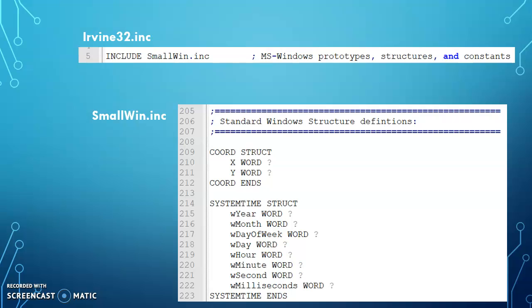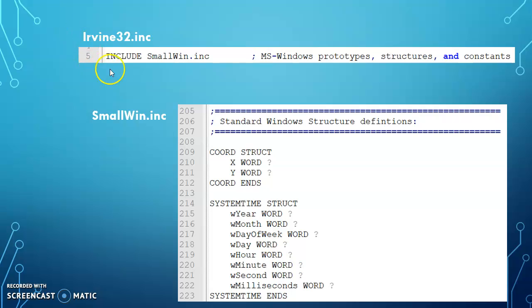One of the other things, let me draw attention to this. In the root of the hard drive, we have the Irvine folder. Inside the Irvine folder, there's the Irvine32.inc, and we have been including the Irvine32.inc. Well, the Irvine32.inc actually has some include files in it.